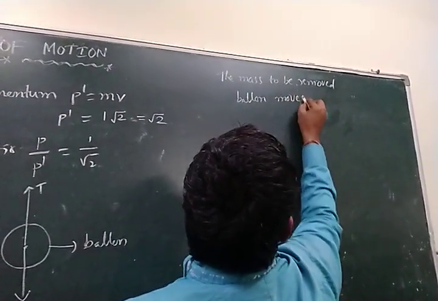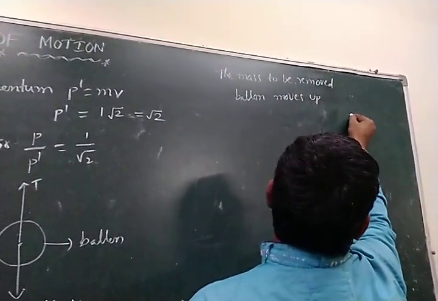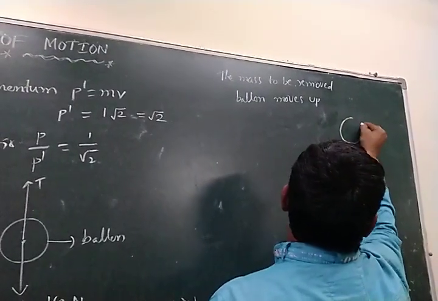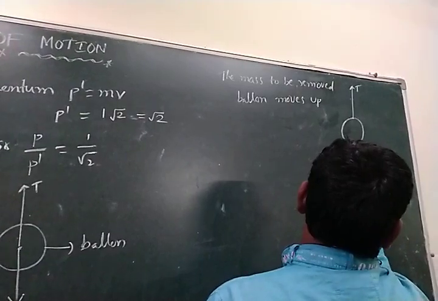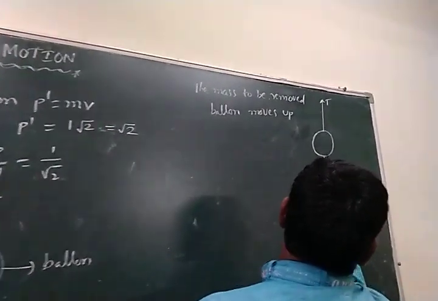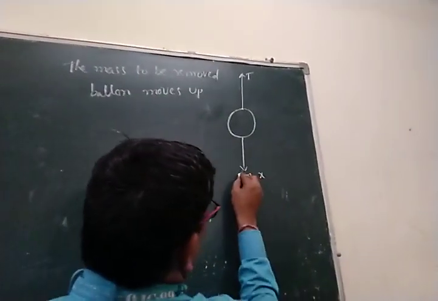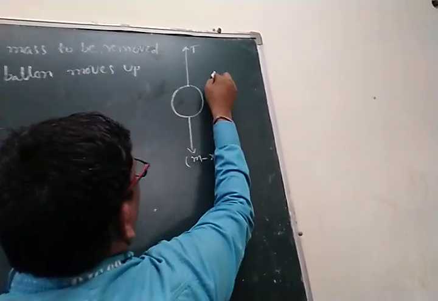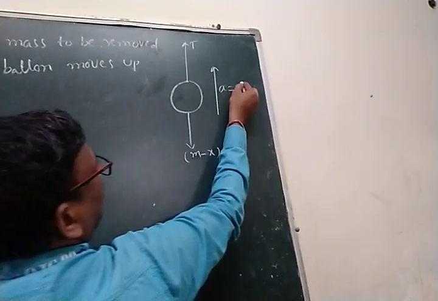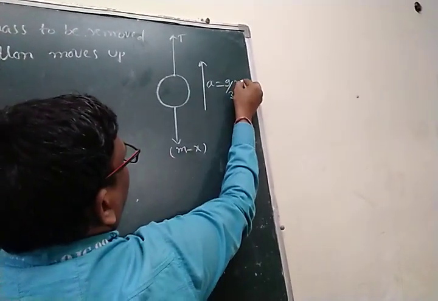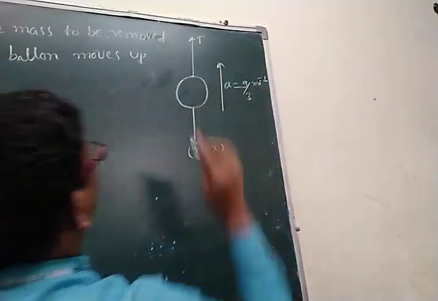This is the condition. The tension is upwards and the weight is acting downwards. The mass removed, we consider it as x. Then the balloon is moving up with an acceleration a is equal to g by 3 meter per second squared.